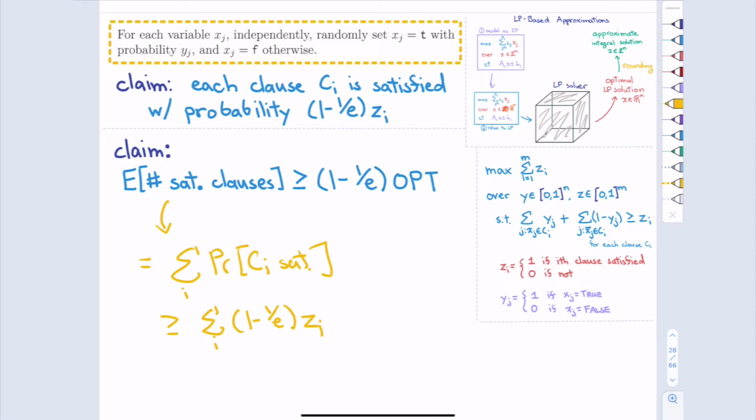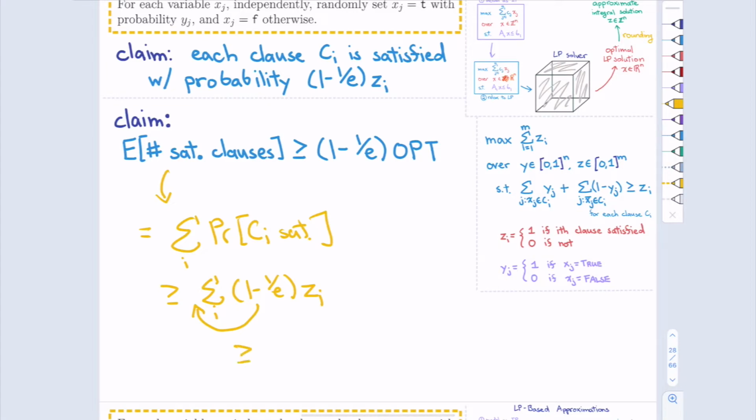Here's the last step. The last step is important. How do I get to OPT? Perfect. So the key point is that we know that the z's are actually really good.